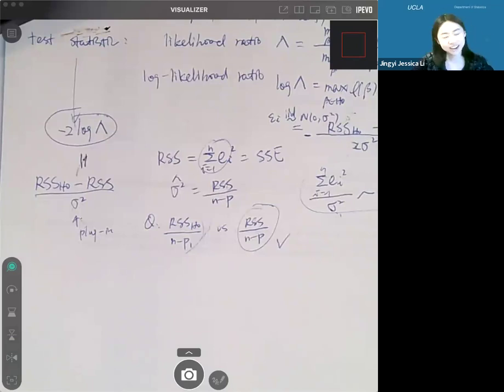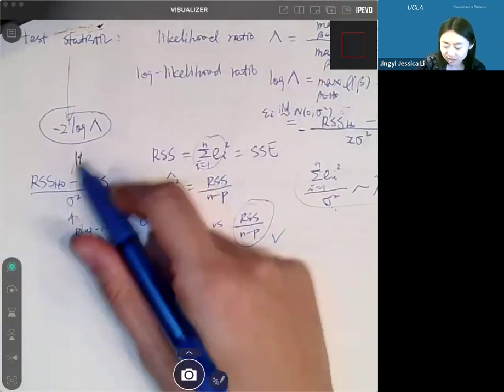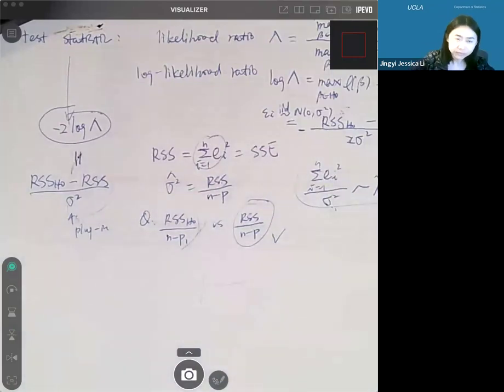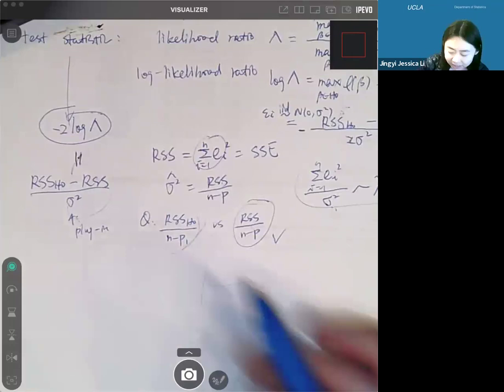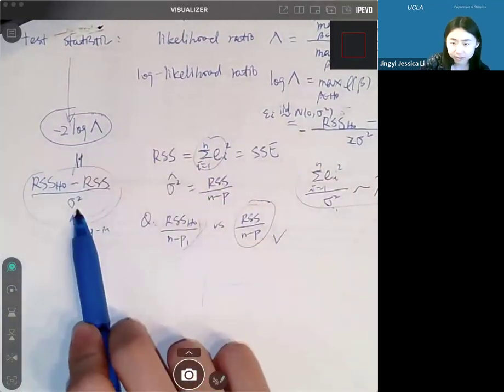Or I shouldn't say more conservative. I think that's the wrong way to say it. Because having a bigger test statistic is actually the opposite of conservative. You are more likely to reject the null hypothesis. Because if we're under the same null distribution, say chi-square, then having a bigger statistic, you'll have a smaller tail.